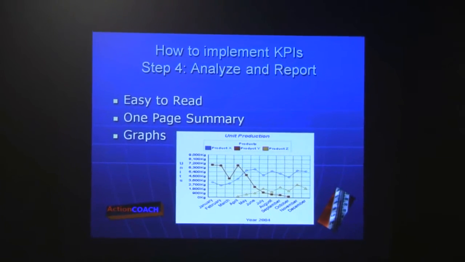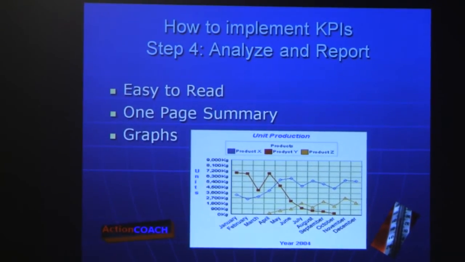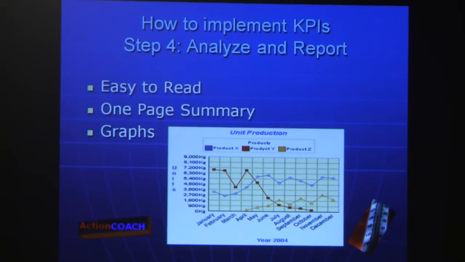Okay, analyze and report. I've said it already. We want it to be really easy to read. And that's why we like pictures, right? You can see on this thing where it's going. We do a visit trend report for a physical therapy company, and that's one of their drivers, visits. Now we also do lead generation, but visits.